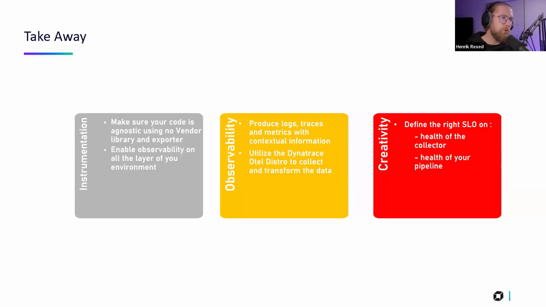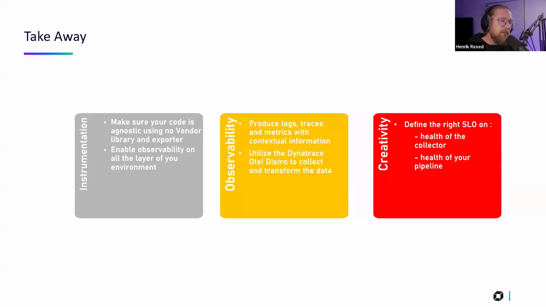Make sure to utilize the OpenTelemetry distro of Dynatrace because it's going to be secured, it's going to be supported, and you will have less issues or challenges than with using the OpenTelemetry contrib version because at the end, like I said, there are no security checks.